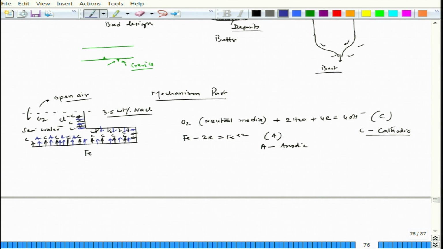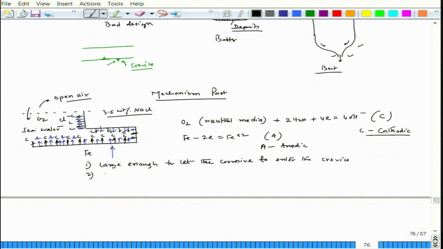Now, in this crevice part we have two conditions. One is large enough to let the electrolyte, or corrosive, here the corrosive I would say is nothing but the electrolyte, enter the crevice.